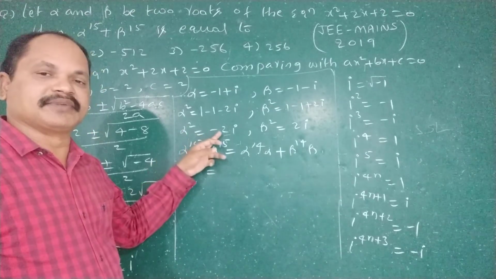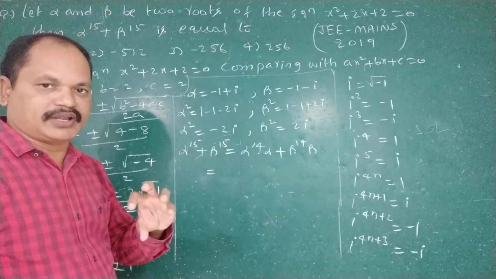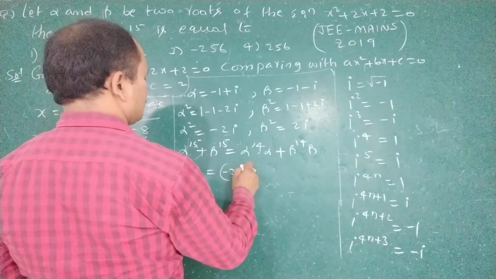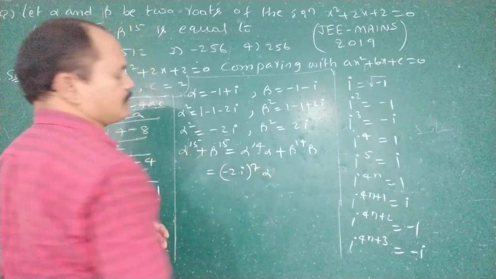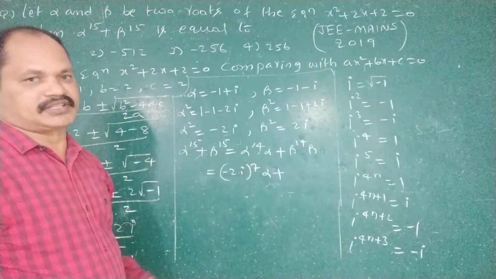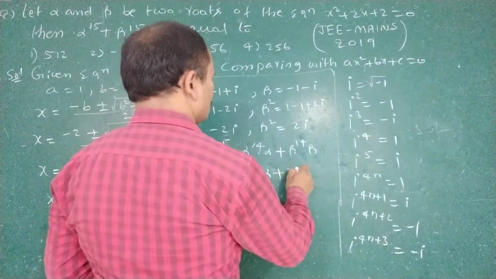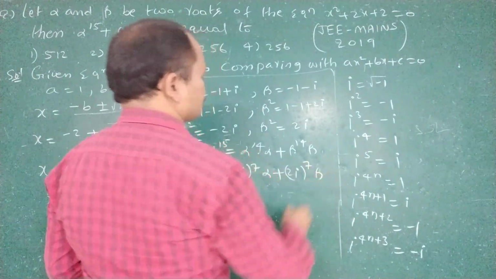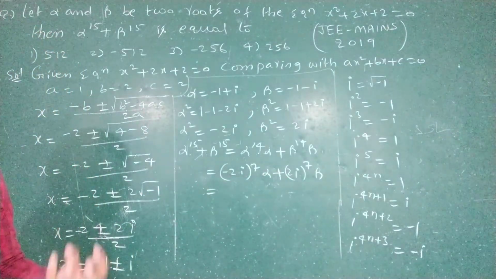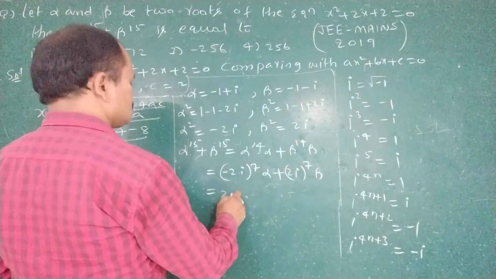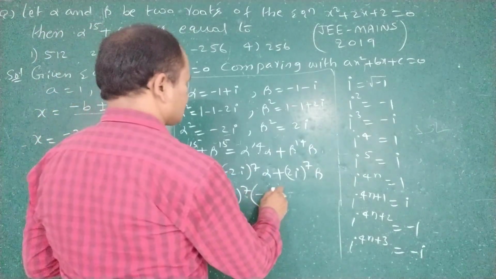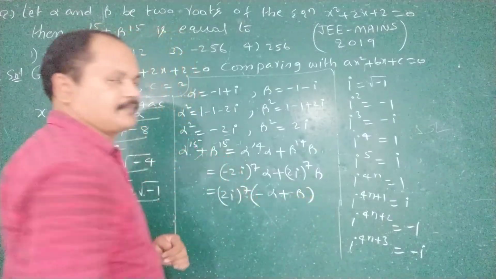Already alpha square is minus 2i, so alpha power 14 is minus 2i power 7, and beta power 14 is 2i power 7. Now we take 2i power 7 common, then it is minus alpha plus beta.